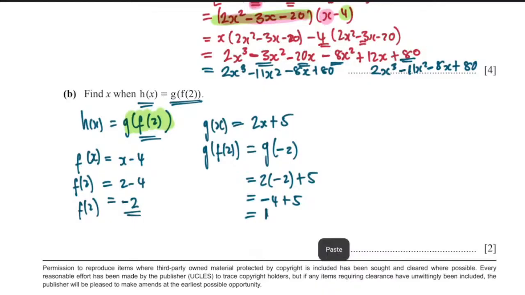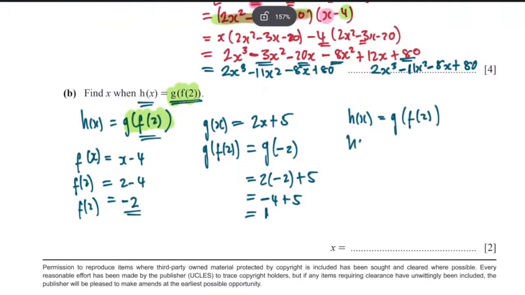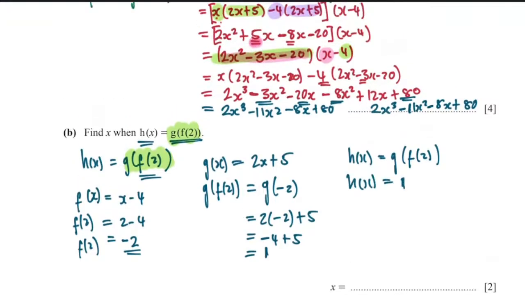Now that you know this, because it has numbers, it's not in terms of x. That's why we found it. Now you're going to write h of x is equal to g f of 2. H of x is equal to 1, because gf of 2 is 1.